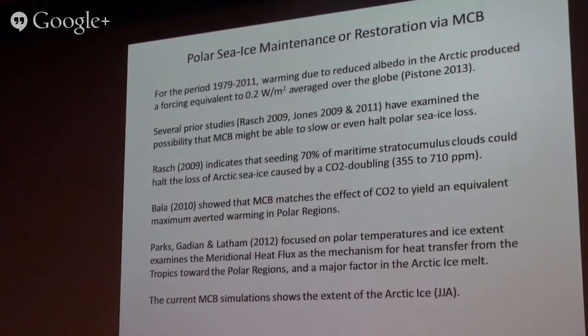The third thing we want to talk about is polar sea ice, particularly Arctic sea ice. There have been a series of studies, and this one really just follows on previous ones, modeling the effect of doing MCB globally and seeing what happens with sea ice coverage in the Arctic.